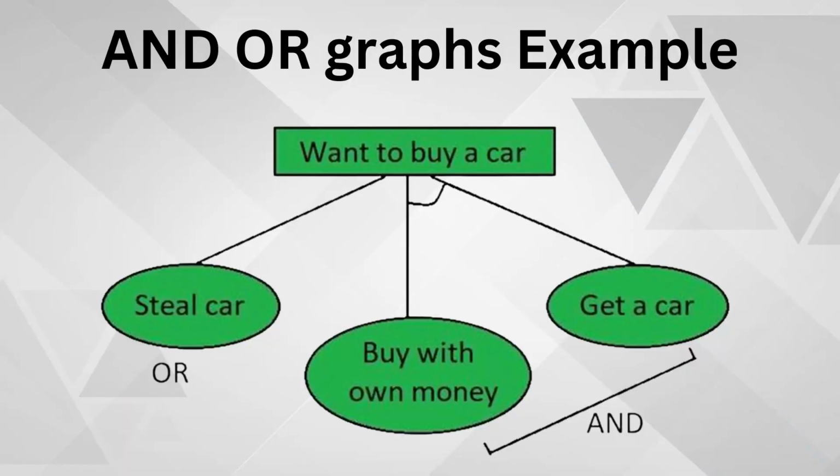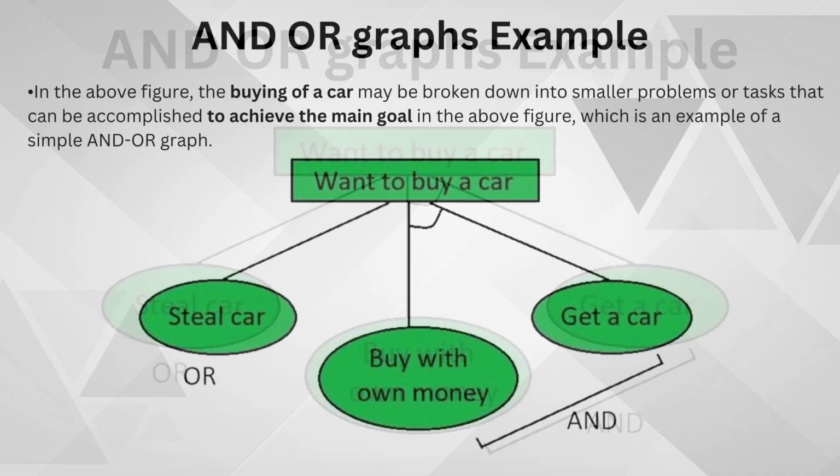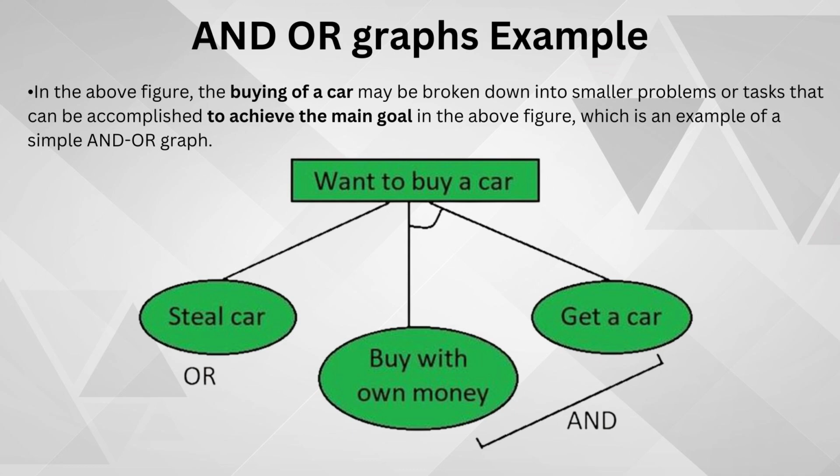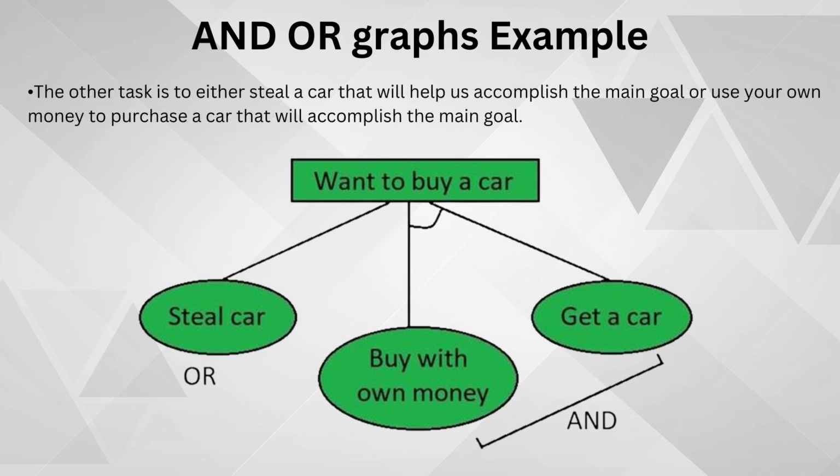In the above figure, the buying of a car may be broken down into smaller problems or tasks that can be accomplished to achieve the main goal. This is an example of a simple AND OR graph. The other task is to either steal a car, that will help us accomplish the main goal, or use your own money to purchase a car that will accomplish the main goal.